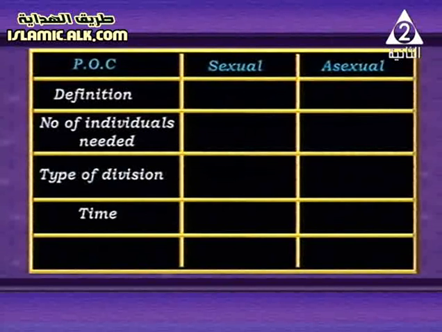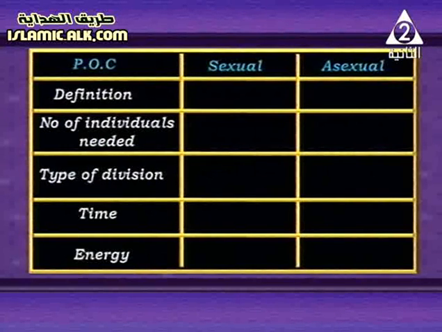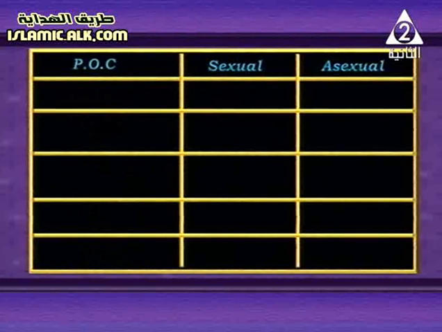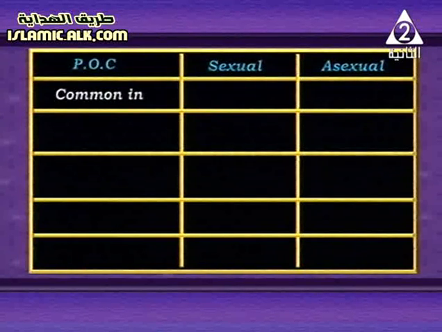While asexual reproduction needs just a little time. Finally, the energy: sexual reproduction needs high energy, or high biological cost, while asexual doesn't need all of that. Finally, where is it common, sexual reproduction and asexual reproduction? I mean, sexual reproduction is common in the higher vertebrates.